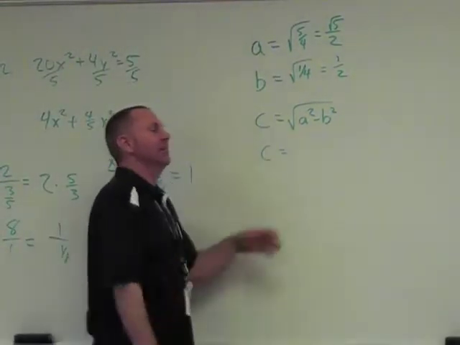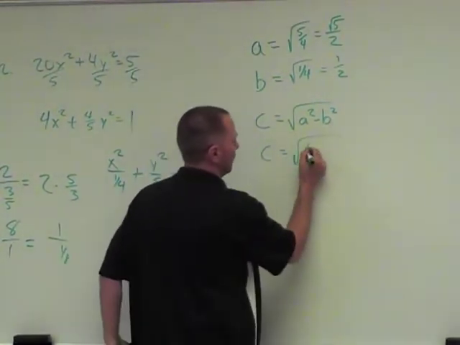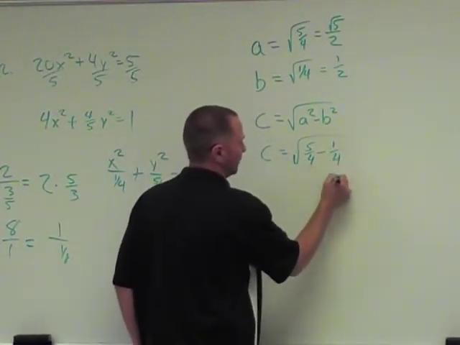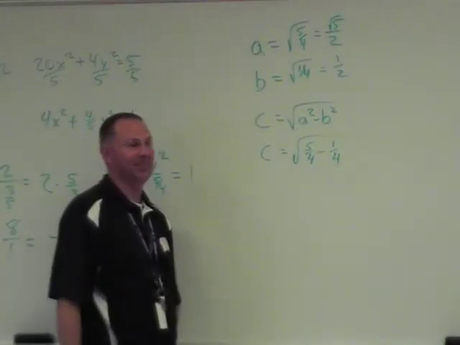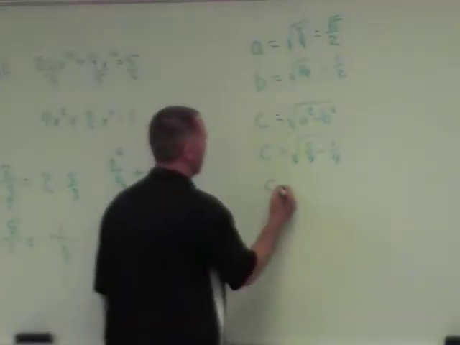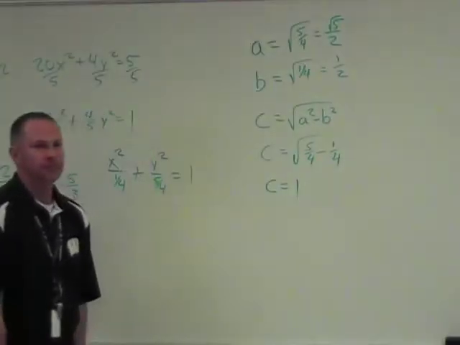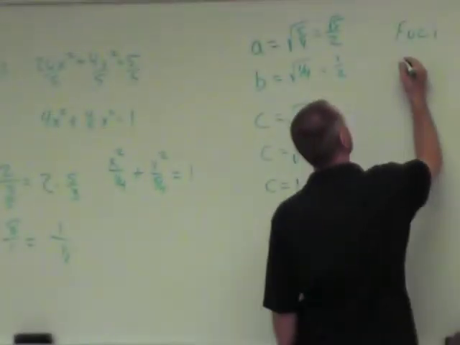Alright, now watch this. You take the actual numbers because they're already squared here. 5/4 minus 1/4. What's 5/4 minus 1/4? Yes, very good. 4/4. What's 4/4? 1. What's the square root of 1? 1. There you go, you got A, B, and C. Now everybody, give me the 5 things I want.